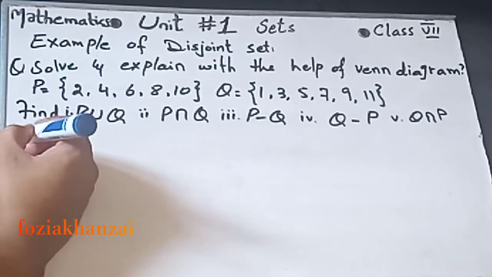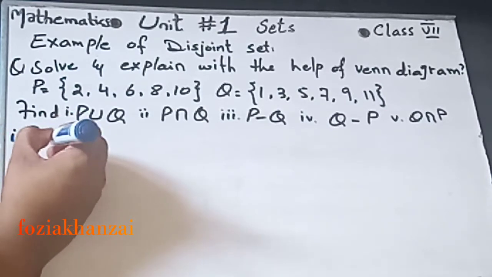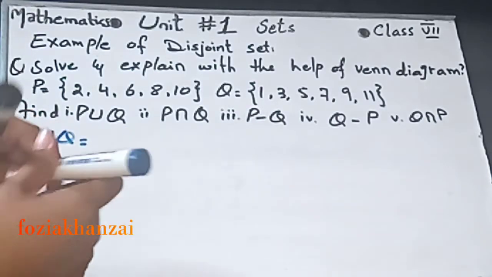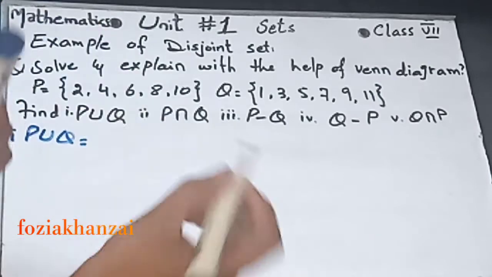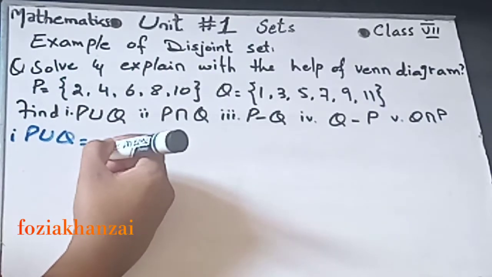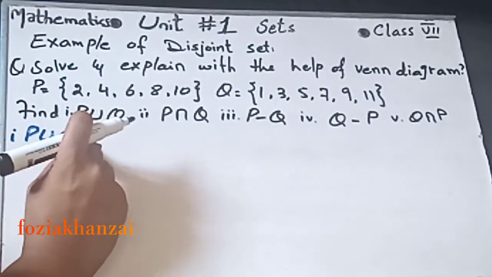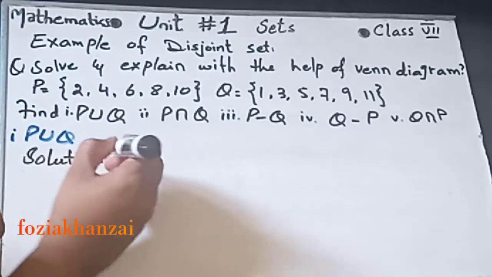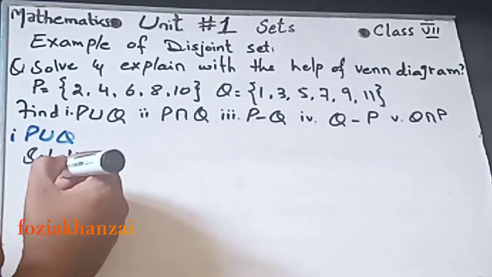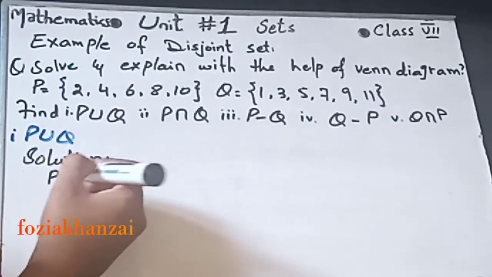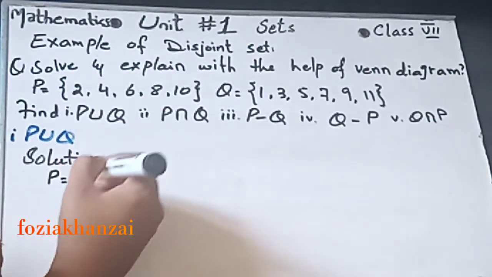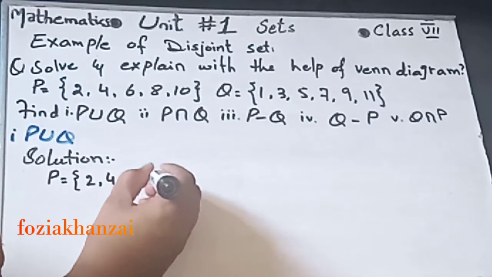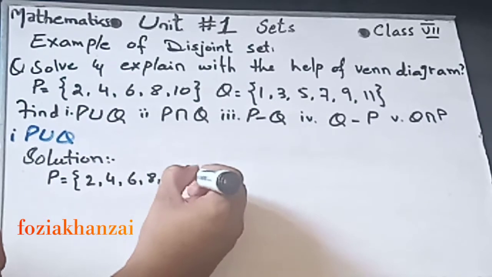First part, P union Q. Set P is 2, 4, 6, 8, 10, bracket close.